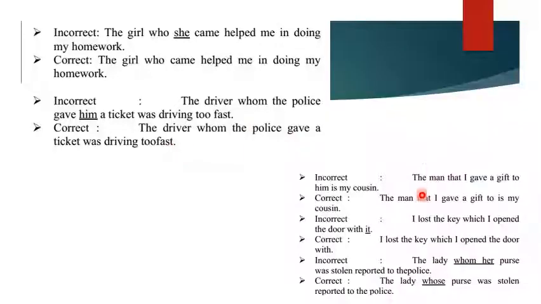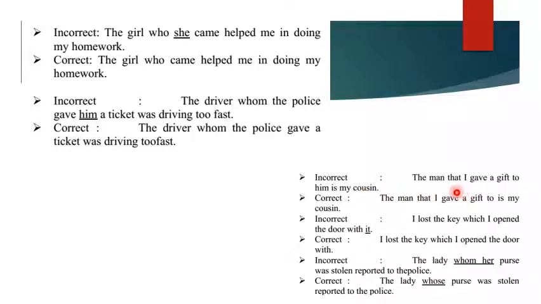And these are again a couple of more examples that you can read and observe the mistakes or the errors that are made by the Arab speakers or the Arab learners. Let's read the first one. For example, the man that I gave a gift to him is my cousin.